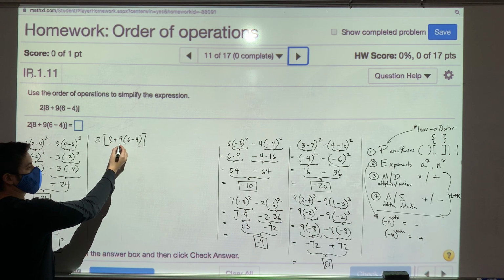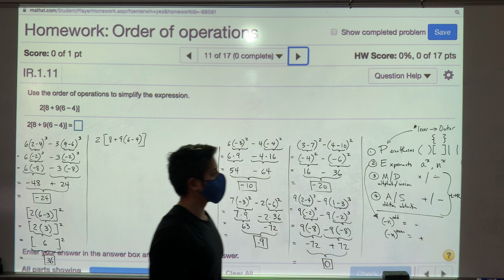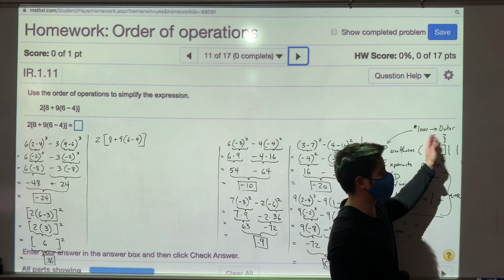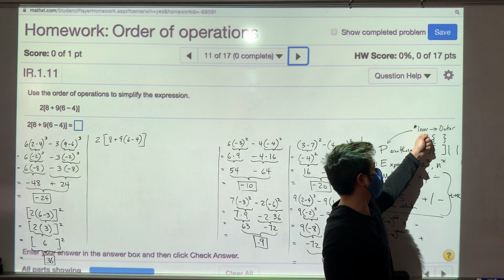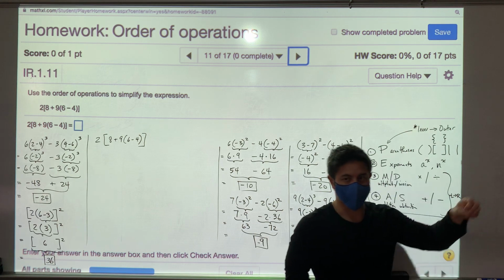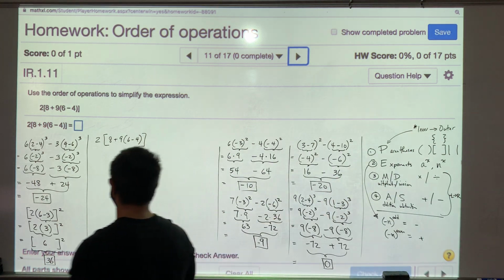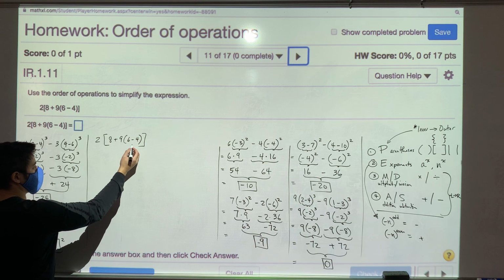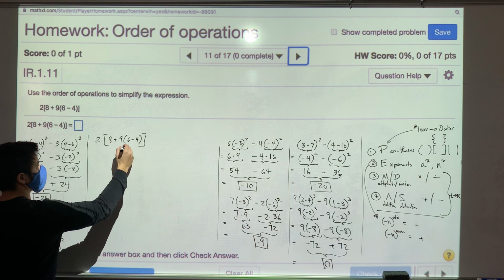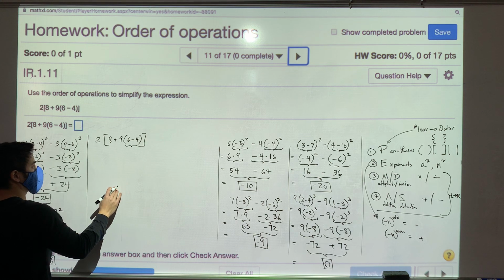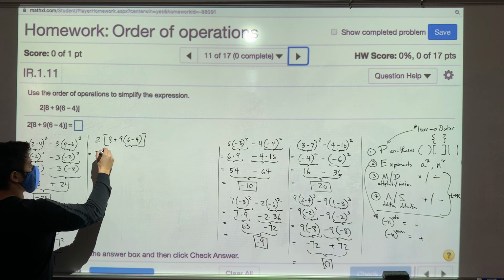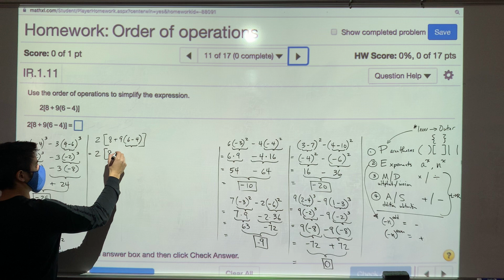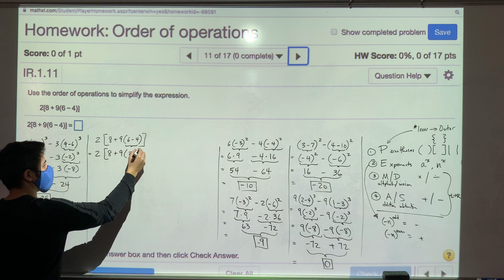But by adding these, you violate the rule that when you have double groupings or more, you must work the most inner grouping first and then outer. If you do 8 plus 9, you're working something outer to the inner, prior to the innermost. Take care of the innermost first. So that's what has to be taken care of, 6 minus 4, which is 2.